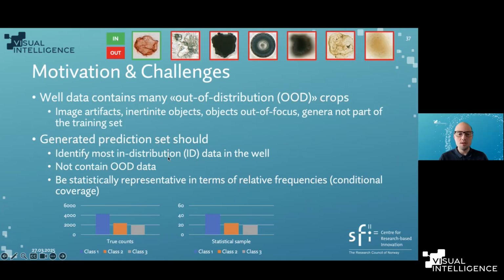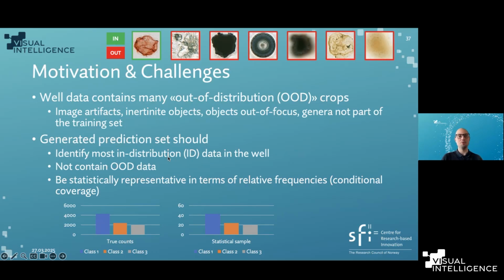So a challenge when we are applying the classifier to well data is that the wellbore content will include lots of what you call out-of-distribution crops. So imaged artifacts, inertinites, objects that are out of focus, but it can also include a genus that is not labeled in the training set.